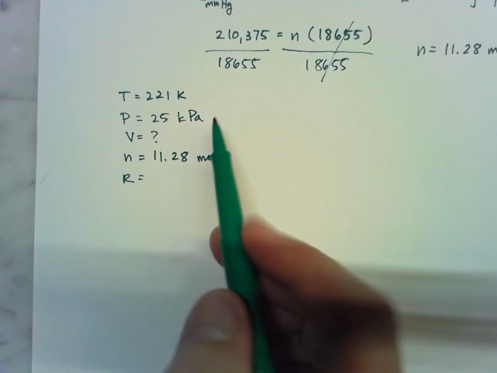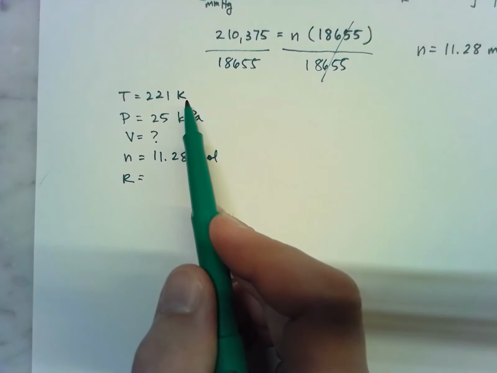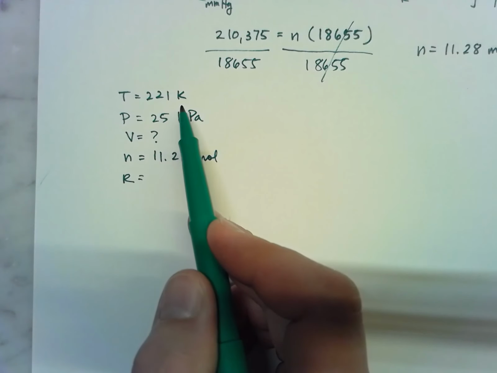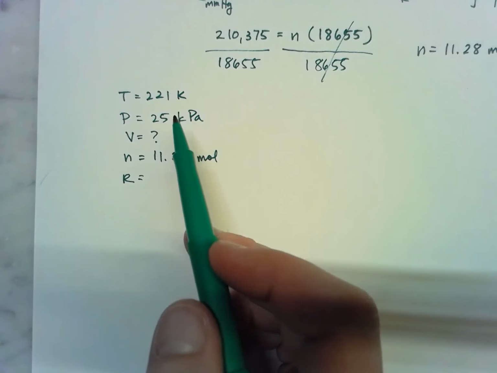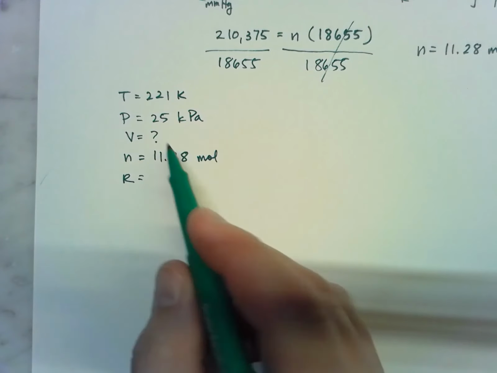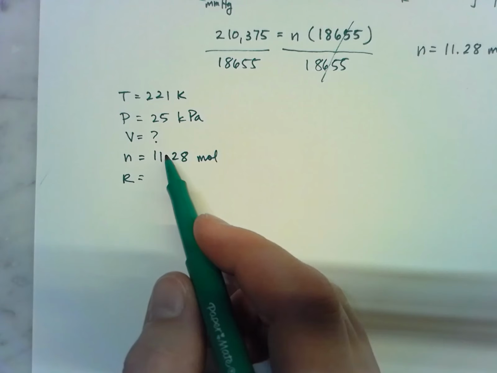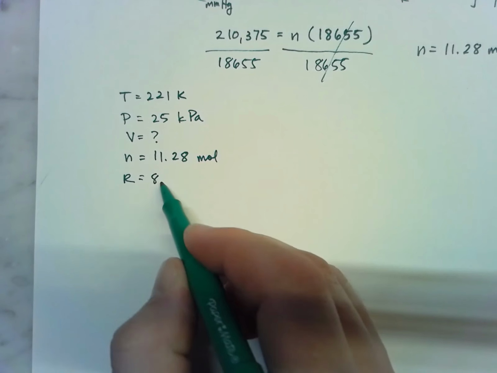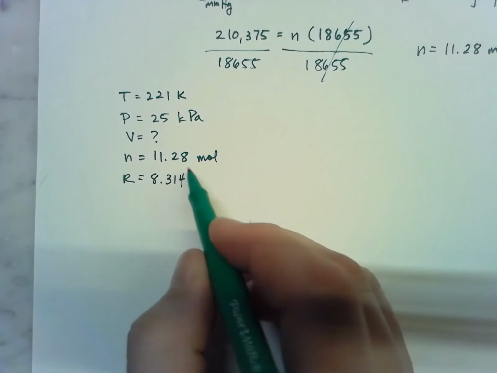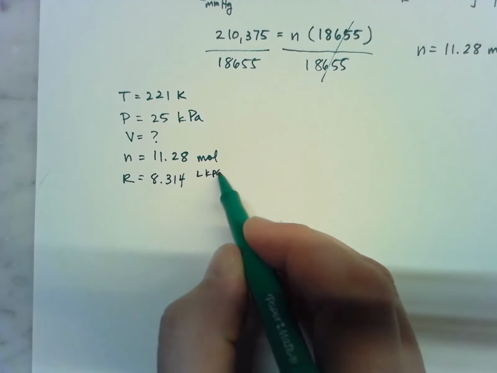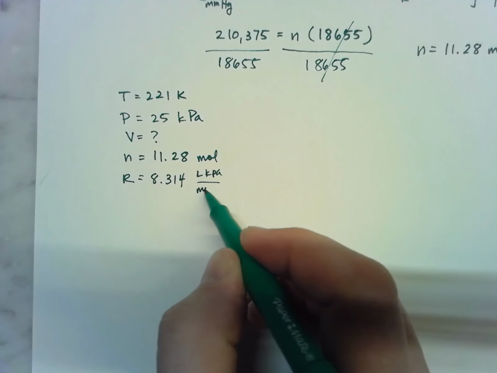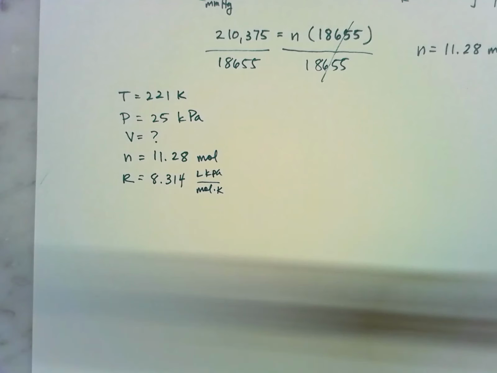We've got kPa, and we're going to solve for liters. That's probably the best way to do it. And so we'll use 8.314, and that's liters kPa over mole K.